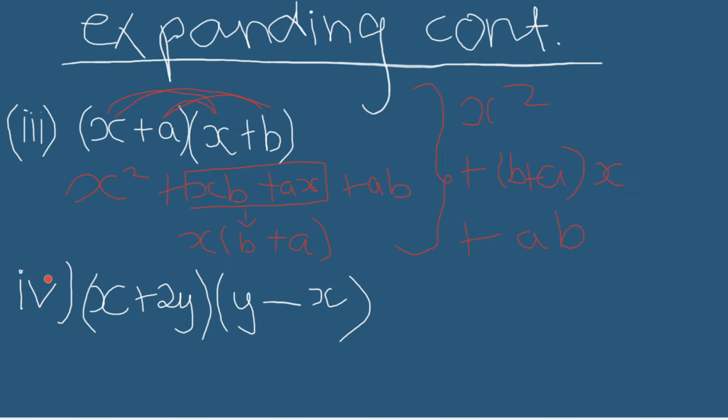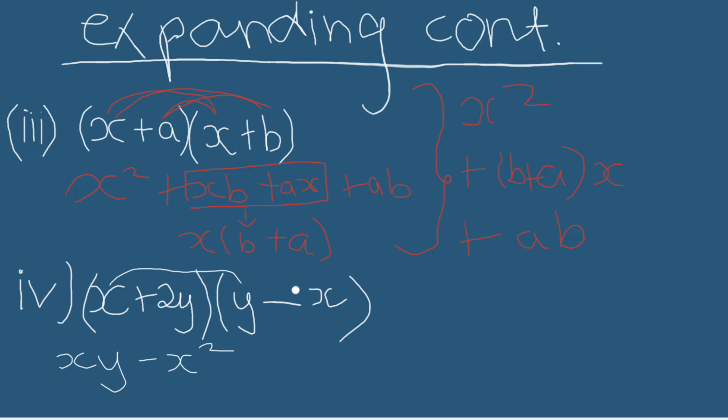So for the next one, number 4, your x is your x. Your a is 2y and your b is y. I don't know if that makes sense, but let's do it and then it will click. Here we have x times y, that becomes xy. x times minus x is minus x squared.